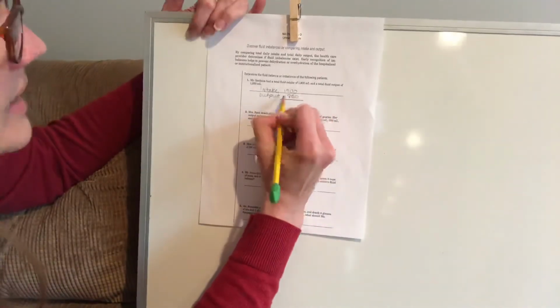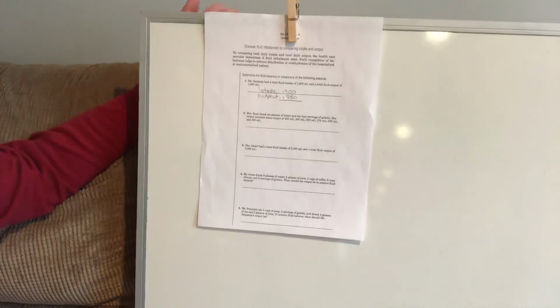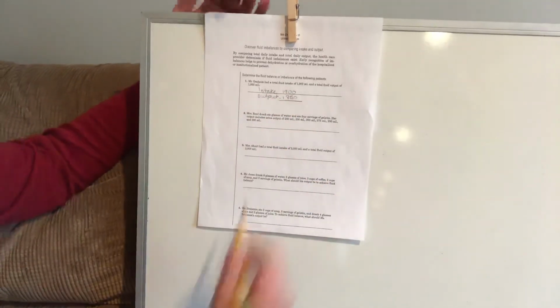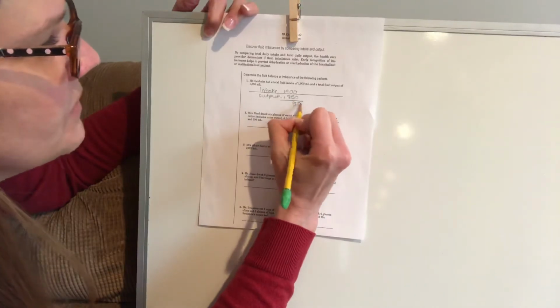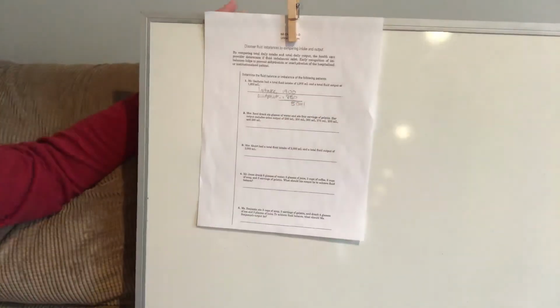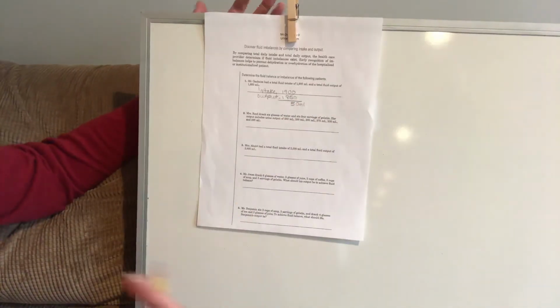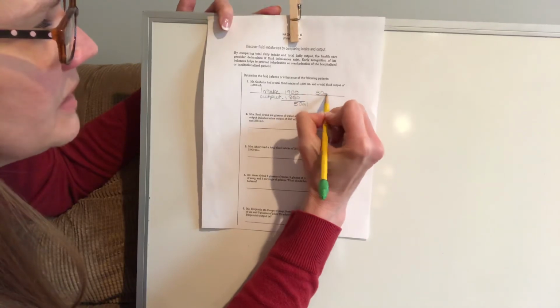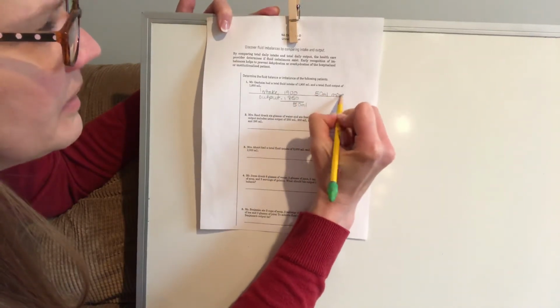So I'm going to go ahead and subtract the output from the intake because the intake is bigger. So I'm going to subtract the smaller one. And what I've got here is I've got 50 milliliters left over. Now what we've got is 50 milliliters more intake. So that's what I want you to write here.